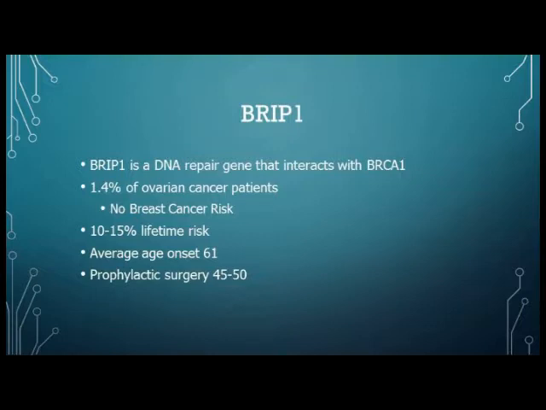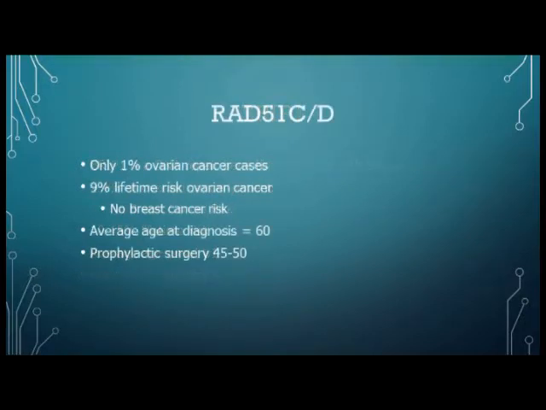Average age of a lot of these less common tends to be close to what we see for just general ovarian cancer. And so the prophylactic surgery is recommended a little bit more like BRCA2 with 45 to 50. Your RAD51C and D mutation, only about 1% of ovarian cancer cases will have this mutation.